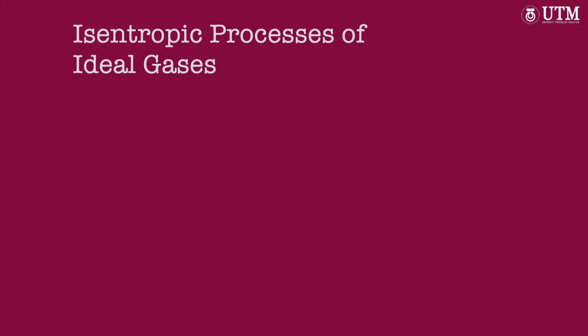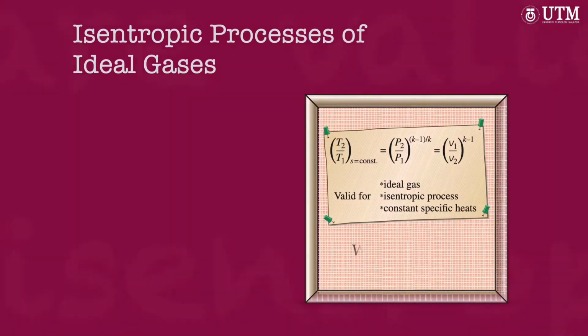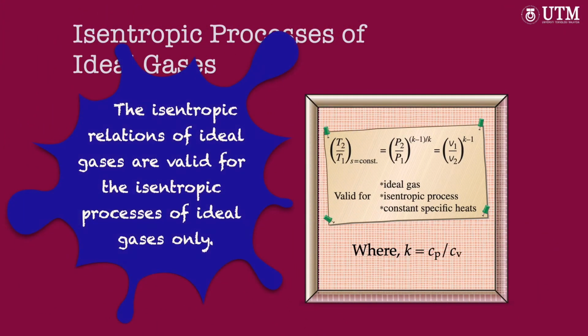In that case, the relations between the gas temperature, pressure, and volume can be linked through the following equations. These equations are valid for the constant specific heat assumption for an ideal gas.